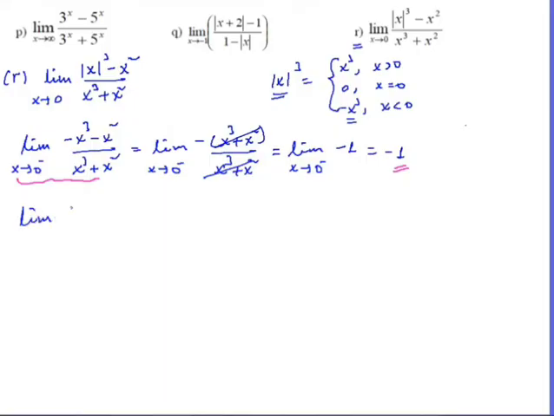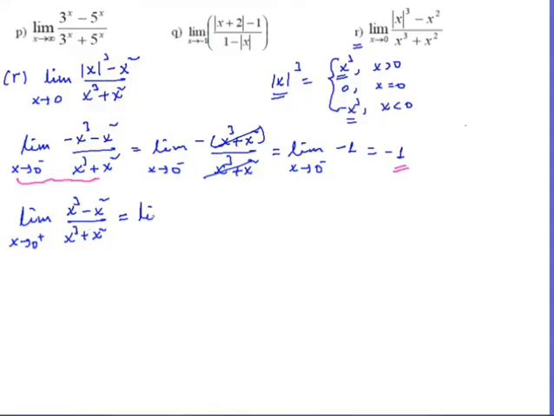The limit of absolute value of x cubed becomes x cubed minus x squared over x cubed plus x squared for x approaching 0 from the right. That means whenever we consider positive values, we consider absolute value of x cubed as x cubed. If you see the limit of this expression, this becomes 0 over 0.